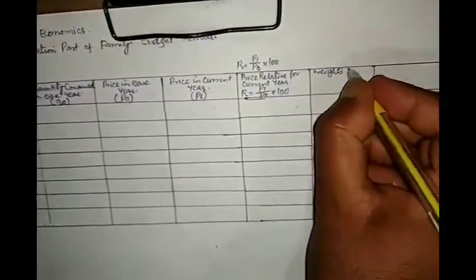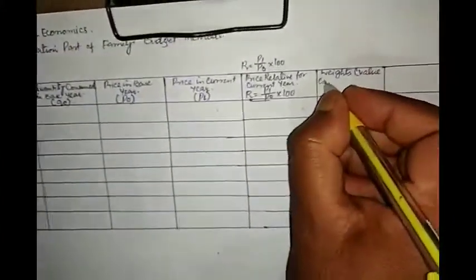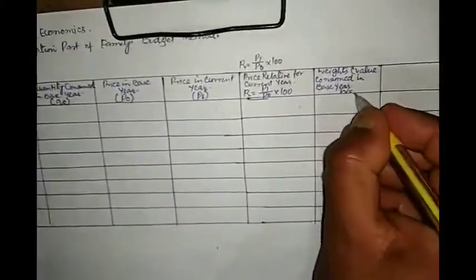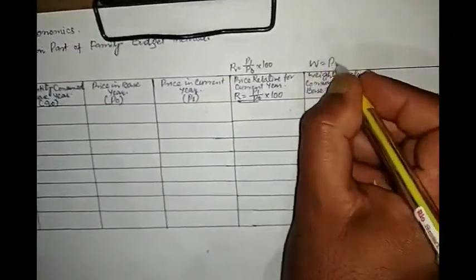Weights: value consumed in the base year. W is equal to P0 Q0. I will mention it here. W is equal to P0 Q0.